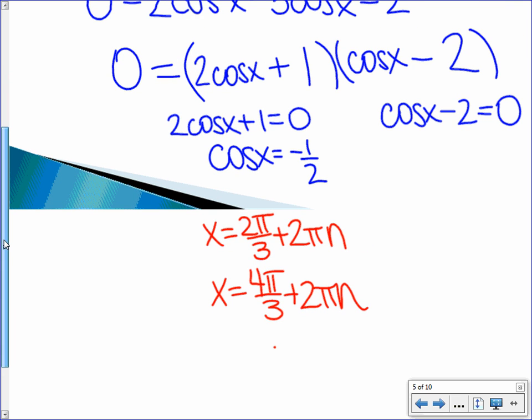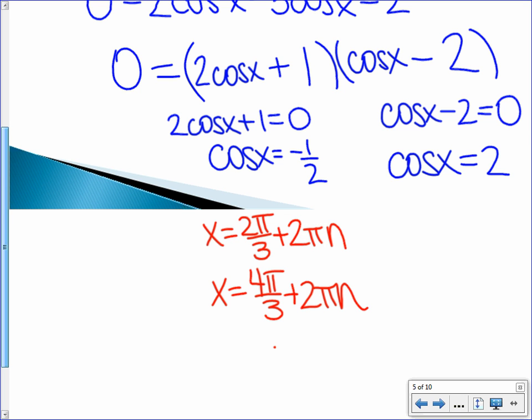Excellent. Now we need to go to our second factor. The cosine of x equals 2. Why am I making a funny face? Well, it's not on the unit circle.